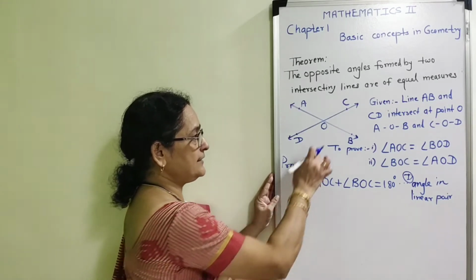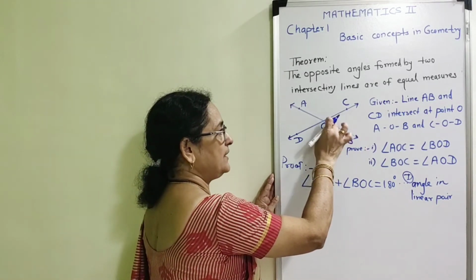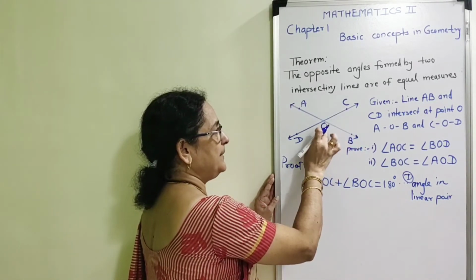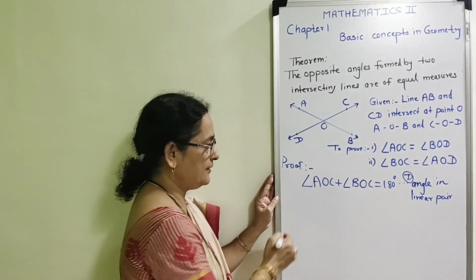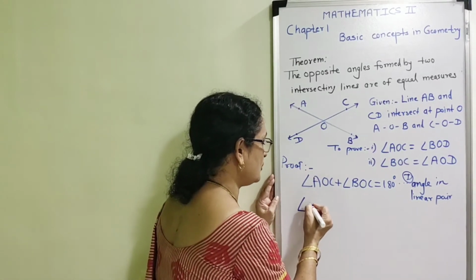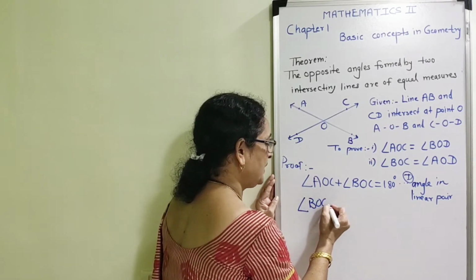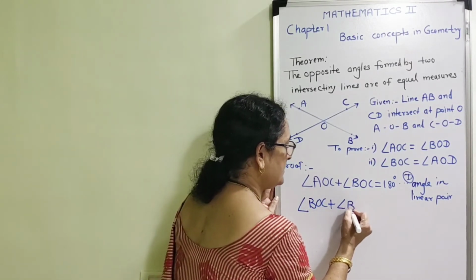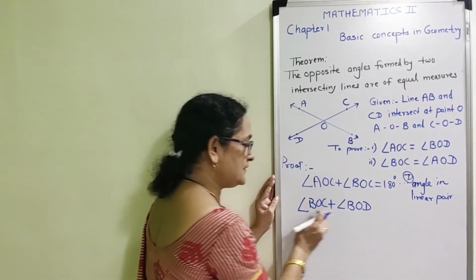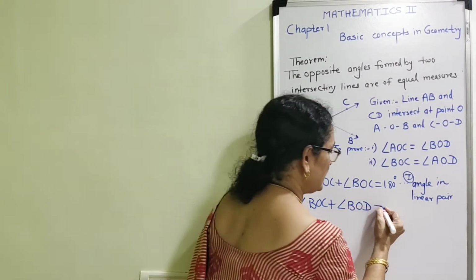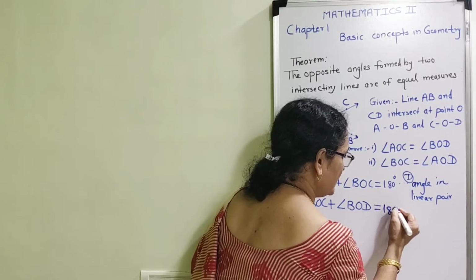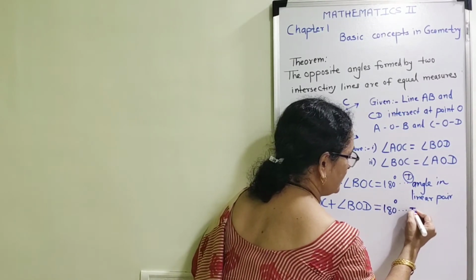Now I am going to take the next step. Angle BOC and angle BOD are also in a linear pair. Therefore, their sum is also 180 degrees. Take angle BOC, add angle BOD. These two are also in a linear pair, therefore the sum of measures of these two angles is 180 degrees.